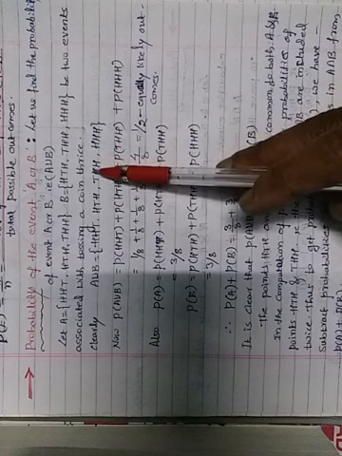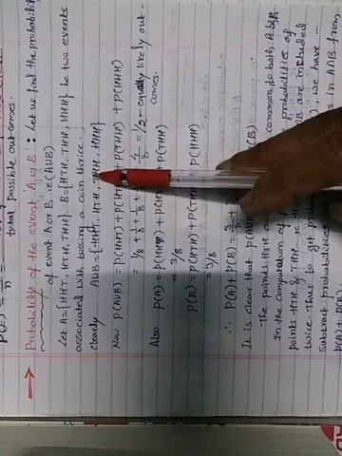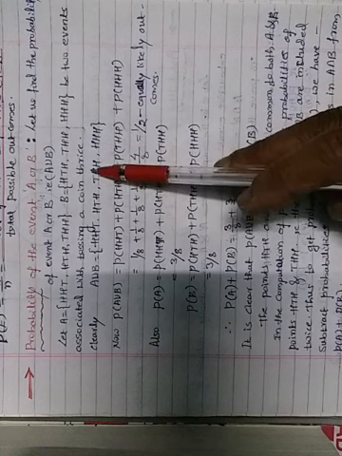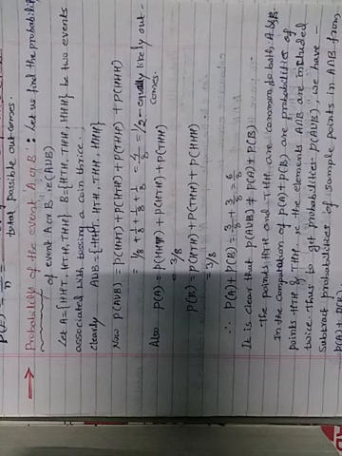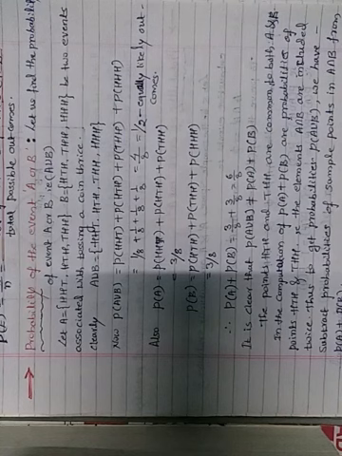Already you know, when a coin is tossed thrice, the total number of outcomes is 8. But here, A defines the outcomes where two heads appear.